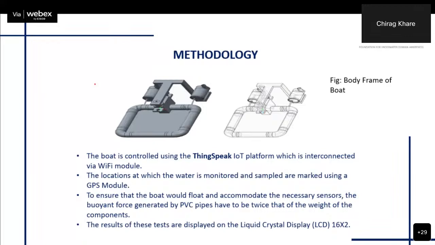The whole structure works on a cloud-based platform named ThingSpeak, and the data is transferred through a LoRa sender and received via a LoRa receiver, which is connected to ESP32 gateway via SPI communication. To ensure the boat would float and accommodate the necessary sensors, the buoyant force generated by PVC pipes has to be twice that of the weight of the components. The result of these tests are displayed on the liquid crystal display that is attached to the model itself.